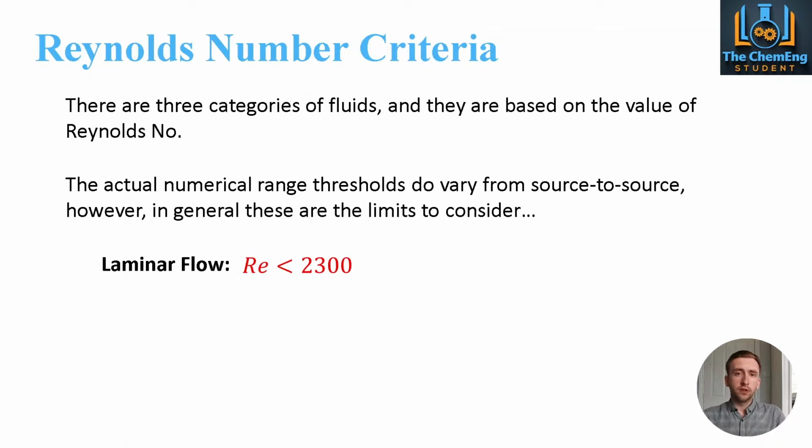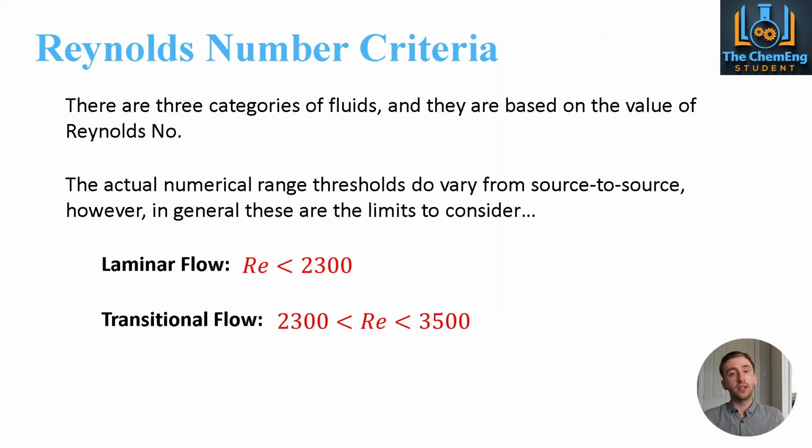Now the first condition is laminar flow. Laminar flow is very steady, very uniform, and very calm, and that occurs whenever a Reynolds number is less than approximately 2,300. Between 2,300 and 3,500, we enter what is called the transitional flow region.